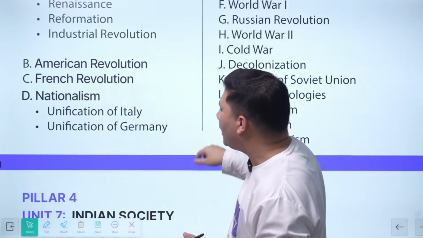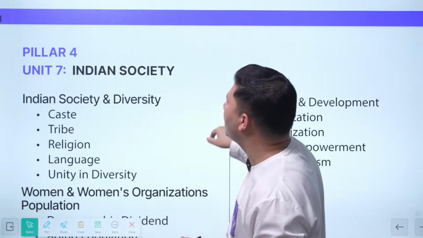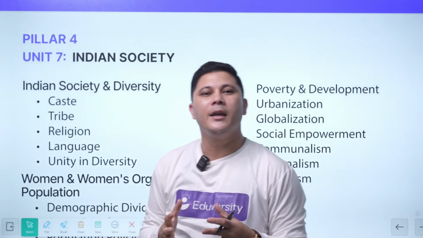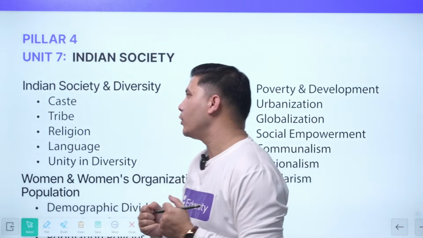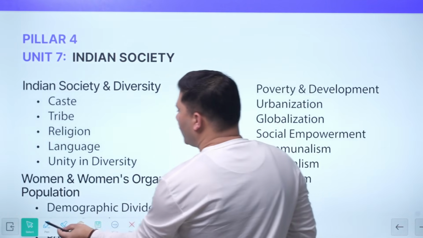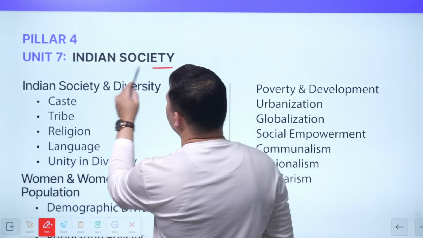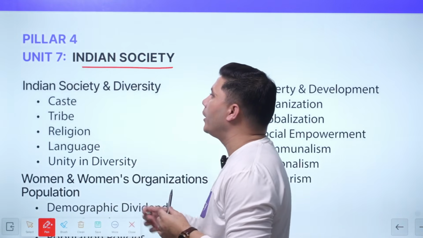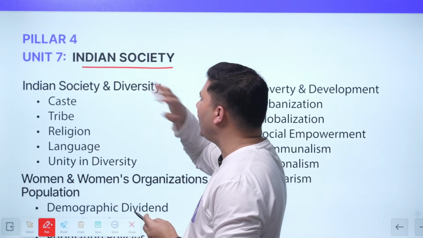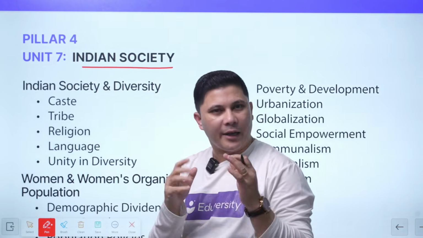Now the last pillar, Pillar 4, Unit 7, that is Indian society. In Indian society, apart from this, some other pillars are also there, but this is one area where you need to pay attention.